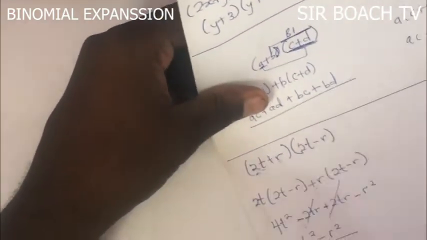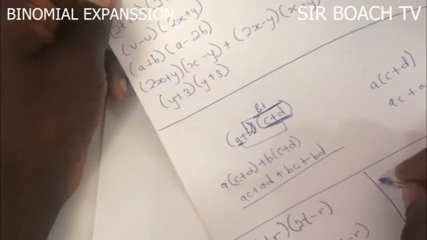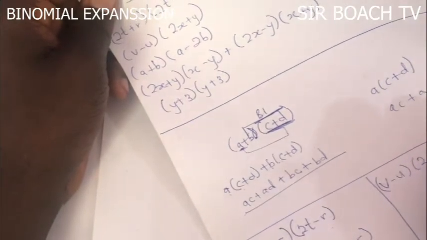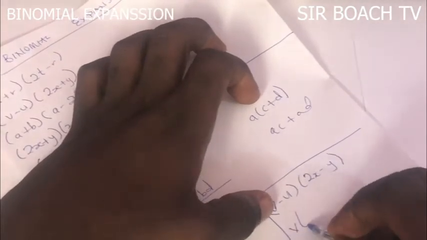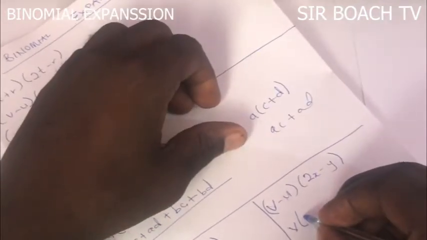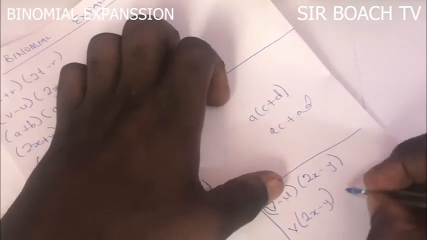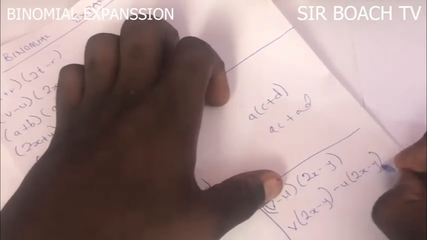Just like that. Now the second example says that we have v minus u in one bracket, and also 2x minus y in another bracket. The same way, we pick the v here and multiply it by 2x minus y. Then we bring the second one, minus u, and multiply it by 2x minus y.